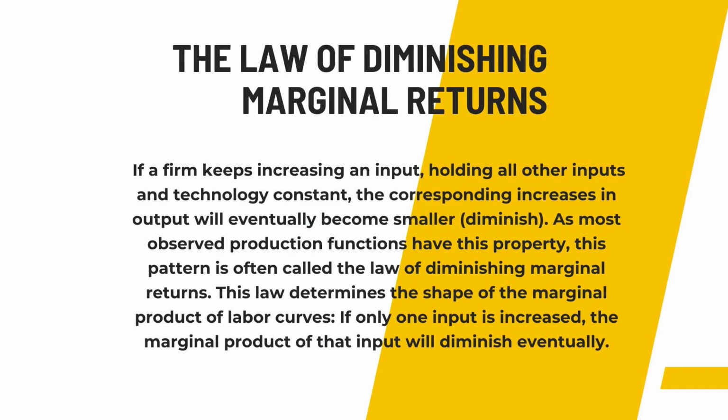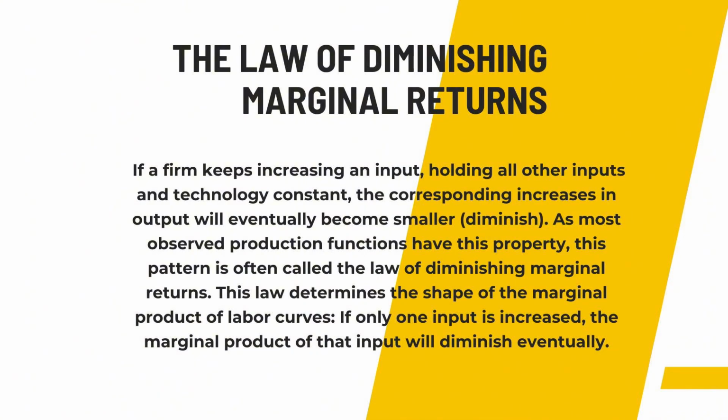So we have the law of diminishing marginal returns. This law states that when a firm continues to increase the use of one input, like labor, while keeping all other inputs and technology constant, the additional output from each new worker will eventually decrease.